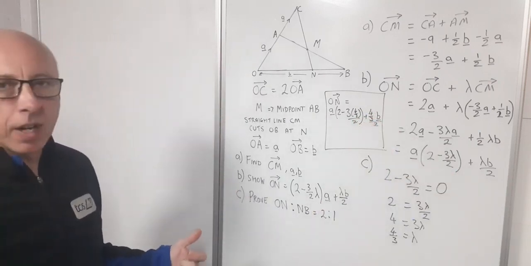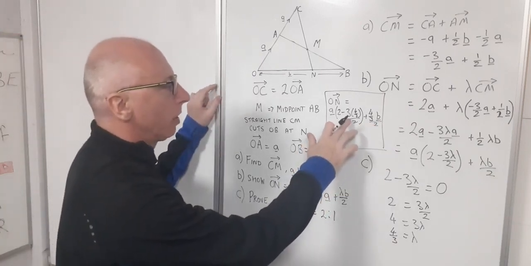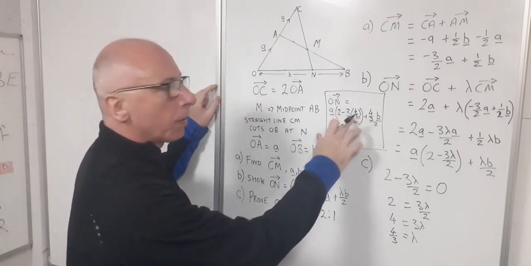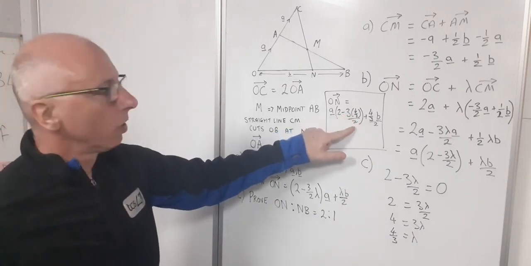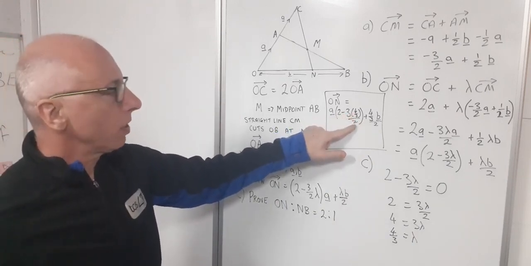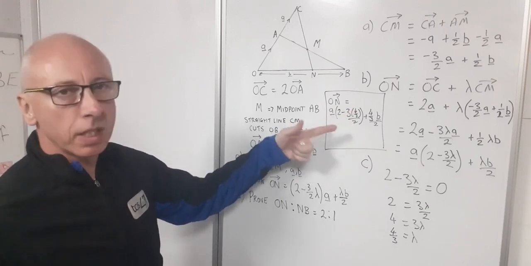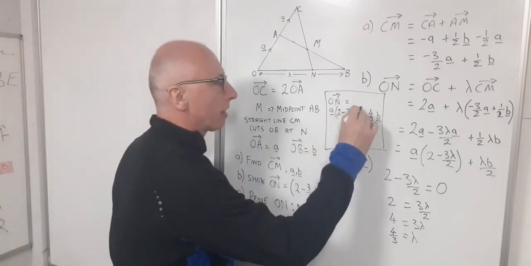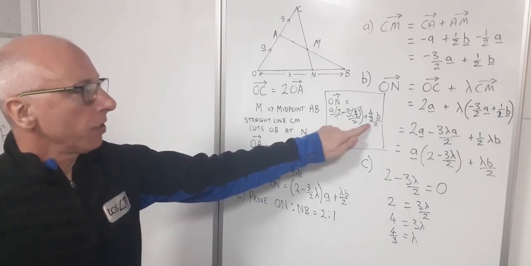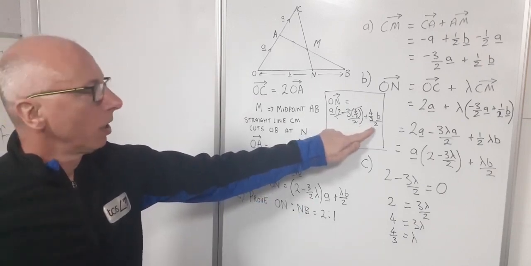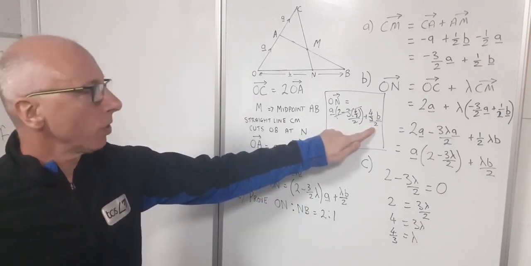So let's simplify this off. Now let's work out what this is. 3 times 4/3. 3 4s are 12, divided by 3 is 4. 4 divided by 2 is 2. 2 minus 2 gives me 0. So this factor now cancels out. Now I've got 4/3 divided by 2, which is just 2/3.